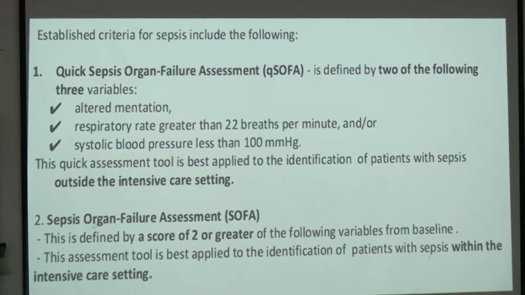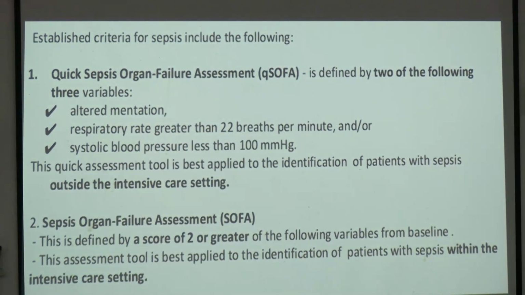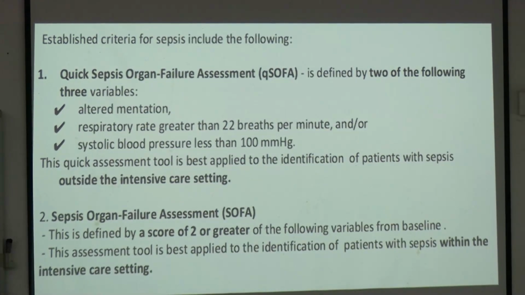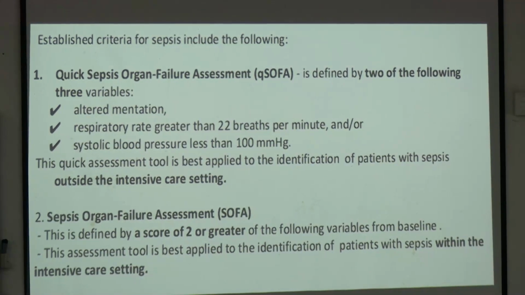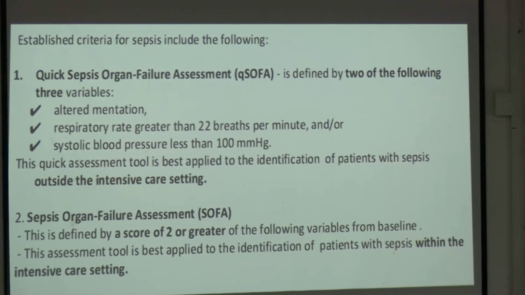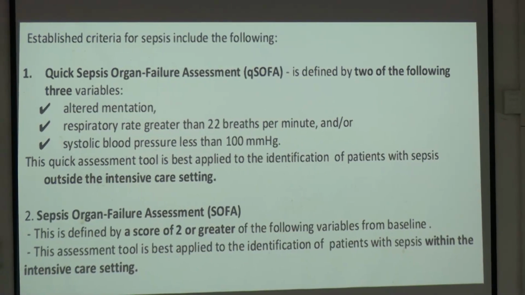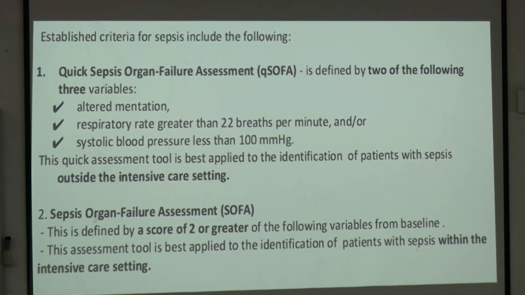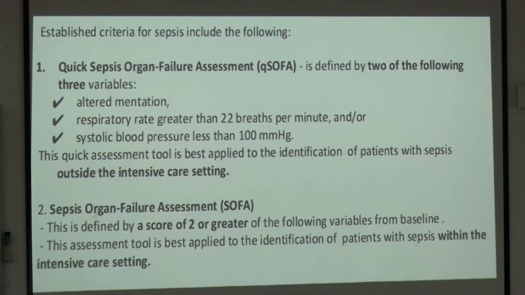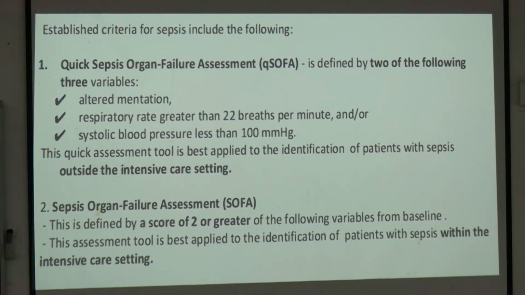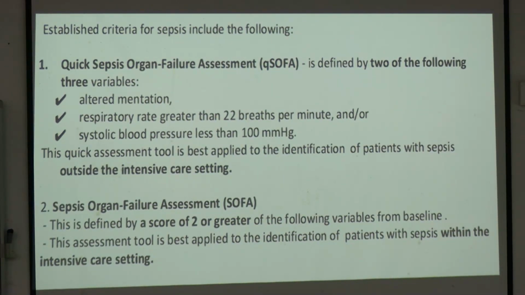This is important because, say, in an outpatient or non-intensive care unit setting, you need to assess. What do you need to assess? First is whether the patient's mentation is normal or not: if the patient is confused, drowsy, disoriented. Then the respiratory rate: a higher respiratory rate or extremely depressed respiratory rate would indicate sepsis.